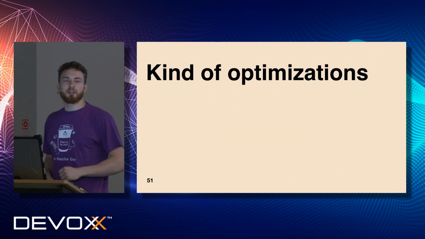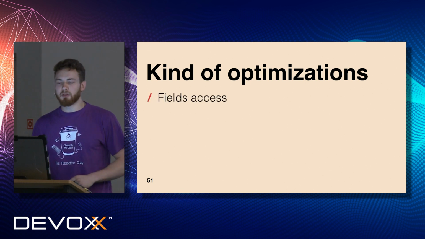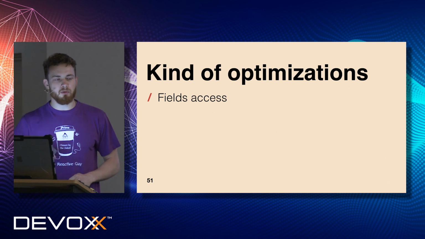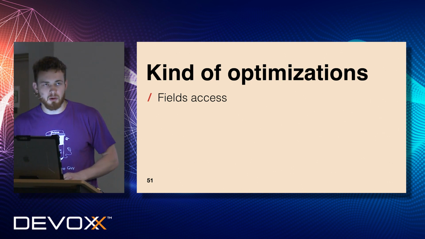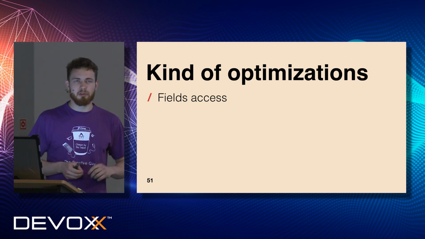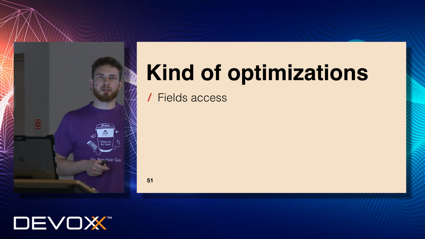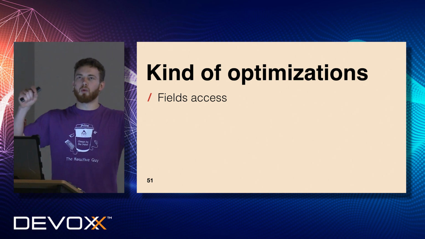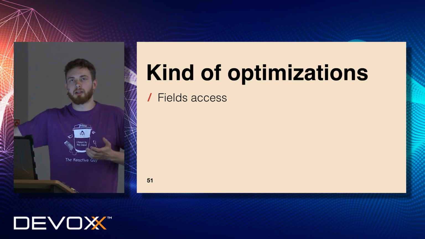What kind of optimization can we apply to any solution? First of all, we can optimize field access. If you go to Google and try to find some information on Stack Overflow, you can probably find a blog post related to field access. The question is, what is faster, field access or stack local access?